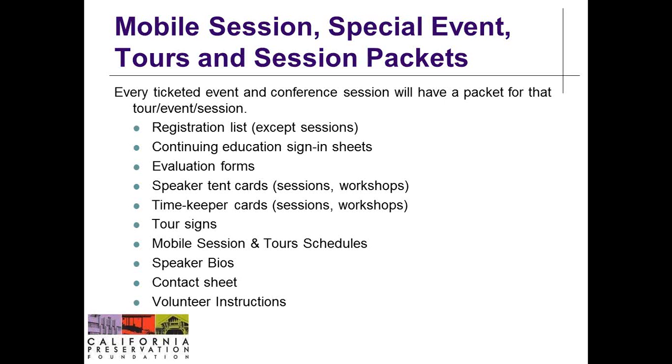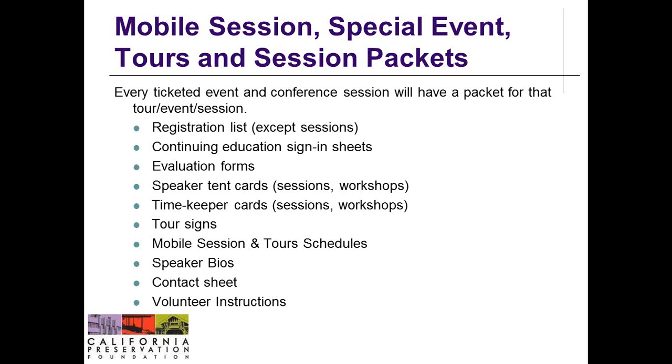Anything that is a special event, a tour or mobile workshop, requires a ticket. The plenary session does not require a ticket, but everything else does, and those are designated in the conference program and on the registration form with a T. That means that people have to prepay for those.